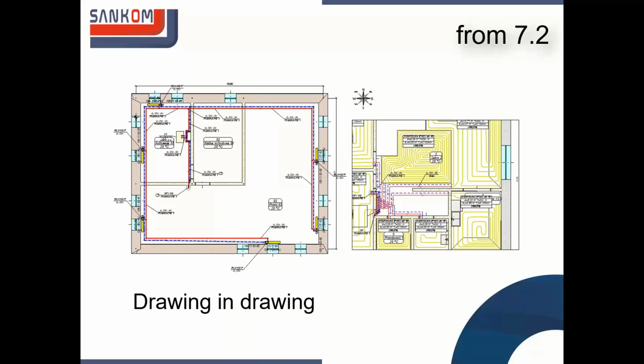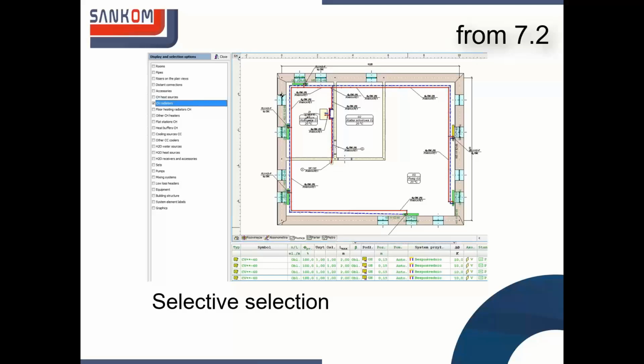The other option, we introduced the possibility of presenting a part of another drawing in the specific drawing. So that also makes the software more flexible to prepare the technical documentation. Also, we have introduced the selective selection. Selective selection sounds funny, but also it's a function that in big designs can make it easier, because if you select, for example, by the window, so now you have this mode.